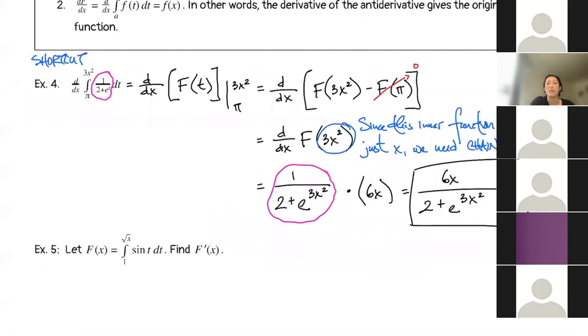So it's a shortcut in the sense that we didn't actually know what the integral was. This whole time, we didn't even know what that integral was. Instead, once we had the idea of the integral, it helped us find the derivative of that integral.